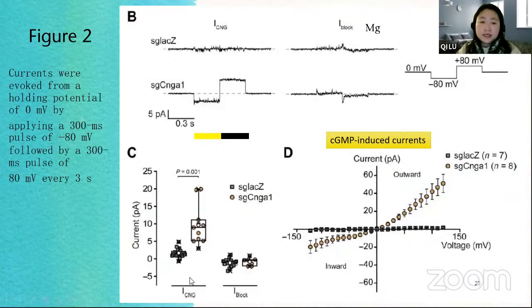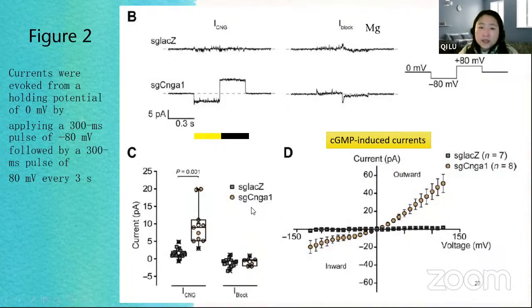Here we can see that with this Lexi sequence, there's no channel expressed and the current is 0. And this current can be totally blocked, so it's a clean cyclic GMP gated current.